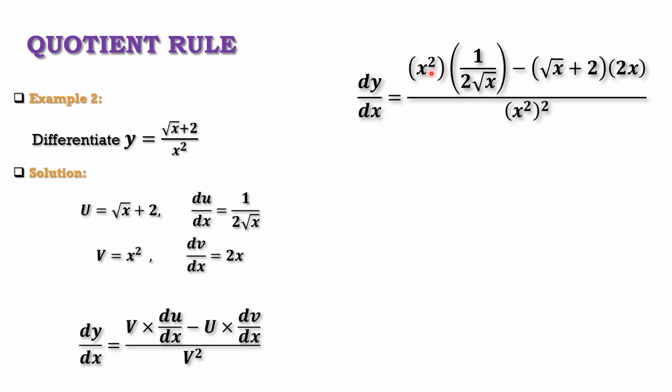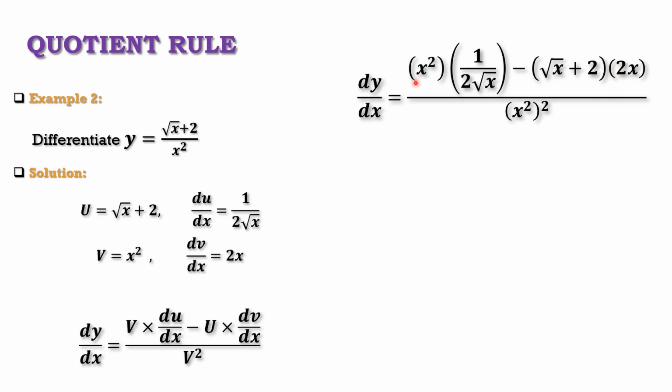Then we substitute these expressions at their respective positions in the function. So v is x squared, here it is. du/dx is 1 over 2 root x, and here it is. So we have a multiplication of these two expressions. Then minus u, which is root x plus 2, times dv/dx, which is 2x, then v, which is x squared, all squared.